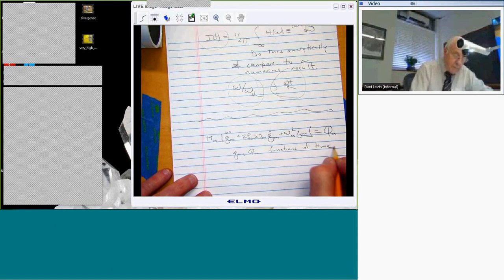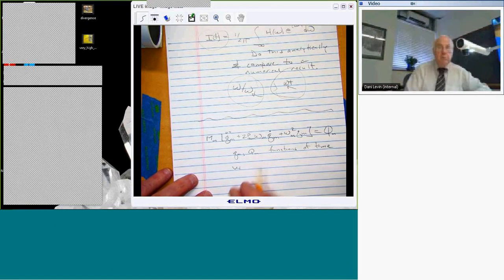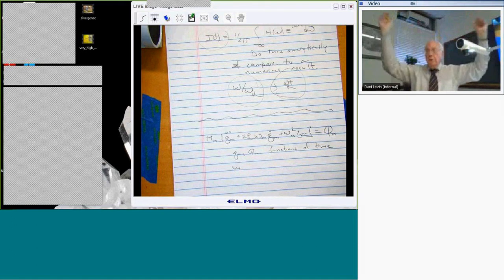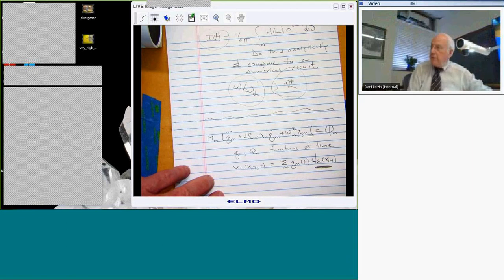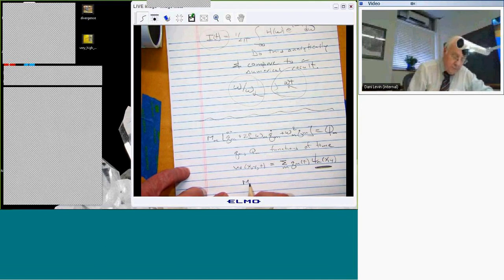W, the displacement of a wing, for example, which might depend on x, y, and time, can be expressed as a series of functions of time times functions of space. Those are the natural modes that your finite element code is going to give you. M sub m is the double integral over space of the mass per unit area, which might depend on x and y, times the mode shape squared.